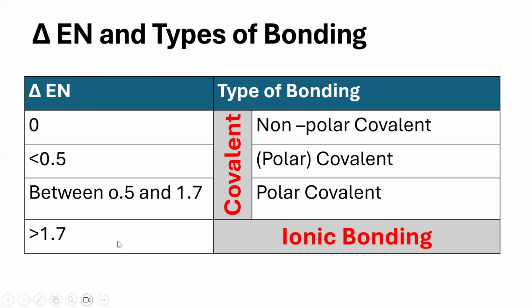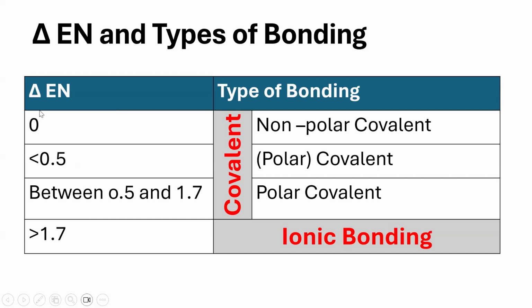So more than 1.7 it's ionic, a very high electronegativity difference, and less than 1.7 is covalent. But covalent can be non-polar, slightly polar, or polar covalent, depending on the value of the electronegativity difference.